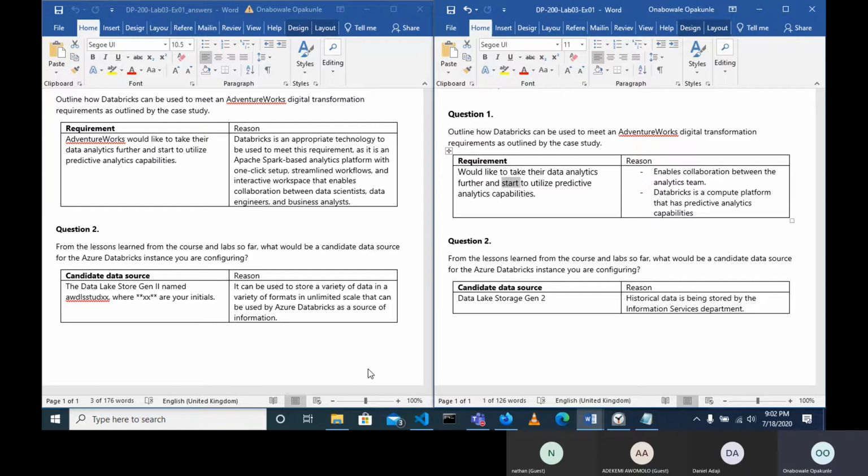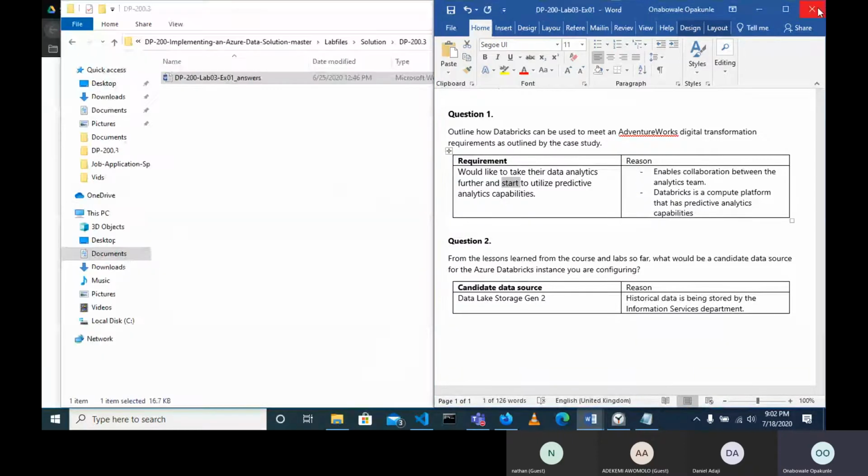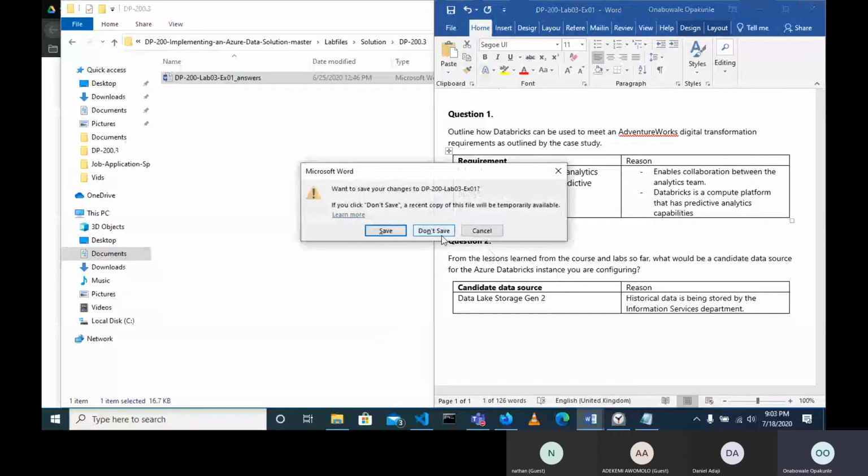So historical data from whatever the information department is gathering will fit seamlessly into the Data Lake Gen 2. So yeah, I think we can say we scaled through this first task with flying colors.